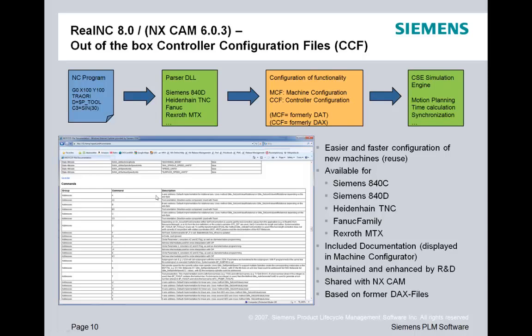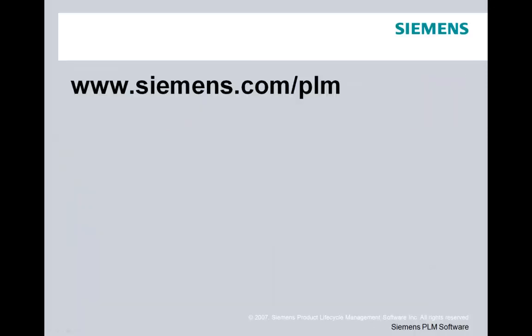So if you need those, let us know. These CCF files contain a lot of predefined functionality that you can just use out of the box. They are, in the meantime, fully documented, so you can create your own documentation out of Machine Configurator that tells you what functionality is defined in the CCF file.